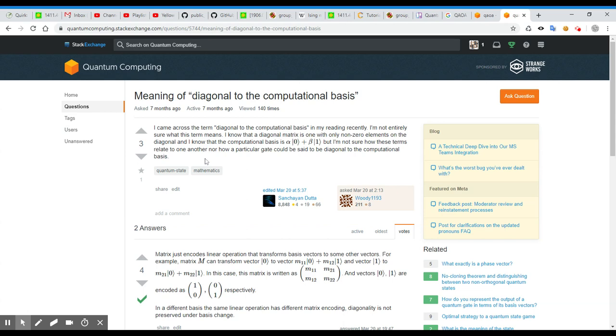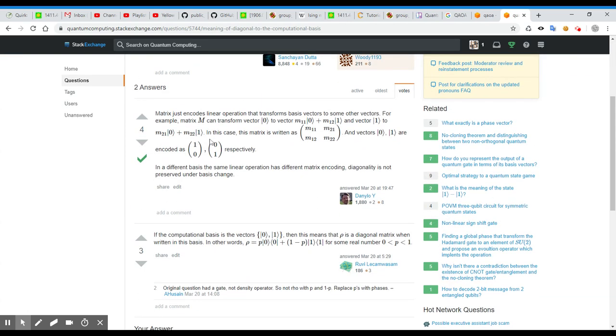The quantum computing Stack Exchange is awesome. A matrix just encodes linear operations that transform basis vectors to some other vectors. For example, matrix M can transform vector 0 to the vector (M11, M12), and vector 1 into this. In this case, the matrix is written like that, and vectors 0 and 1 are encoded as this, respectively. In a different basis, the same linear operation has a different matrix encoding.